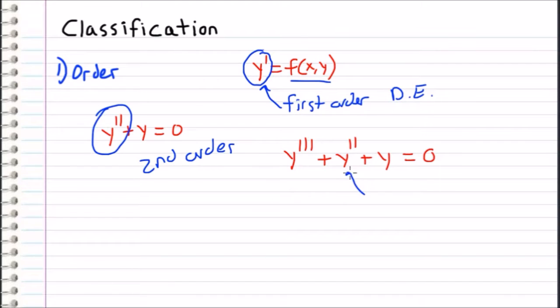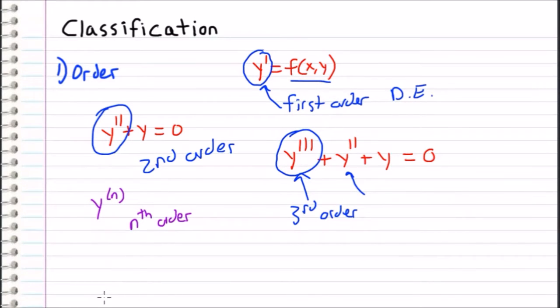Well, we have a term that has the second derivative of our unknown function y, but we also have a term that carries the third derivative. And like I said before, we characterize the order of an equation based on its highest order. So in this case, we would call this a third order differential equation. In general, if the highest order derivative is the nth derivative in an equation, then we say that it is an nth order differential equation.